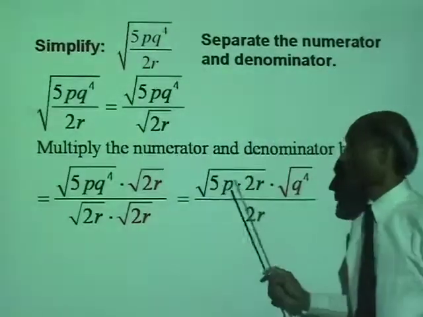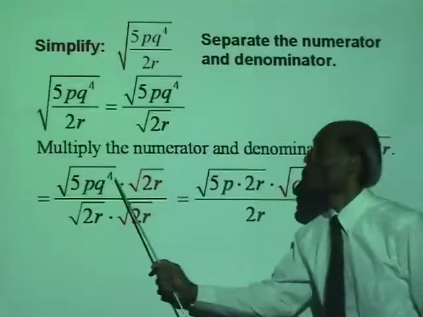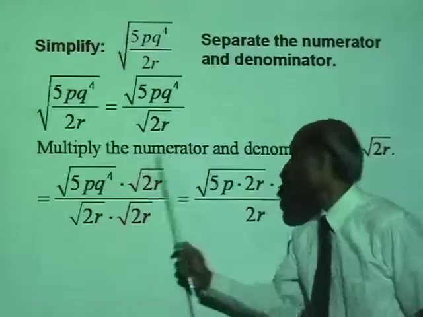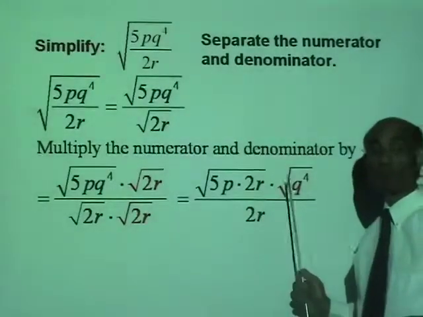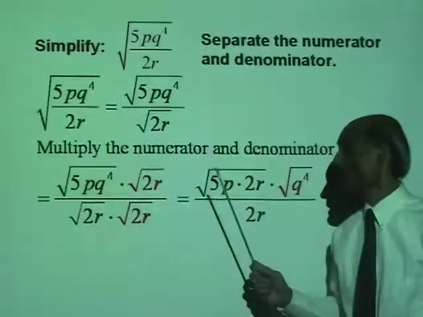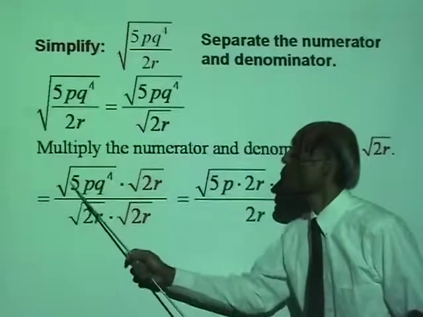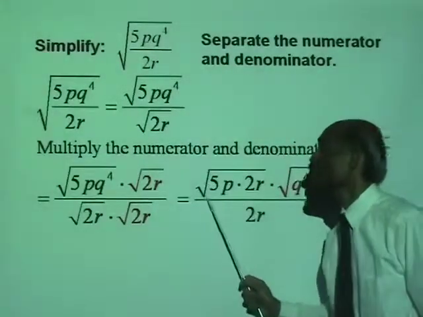So, I'm going to do that. I have done 2 things in here. First of all, I wrote q to the 4 in a different radical. Why did I do that? Because it is a perfect square. And then all the other terms, square root 2r and square root 5p, I put together in one radical.